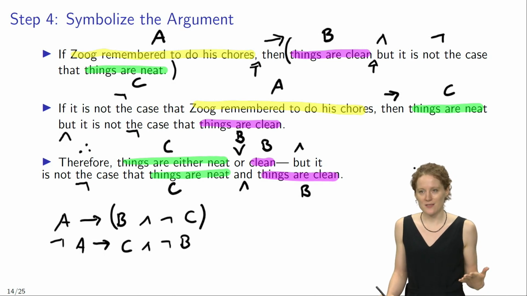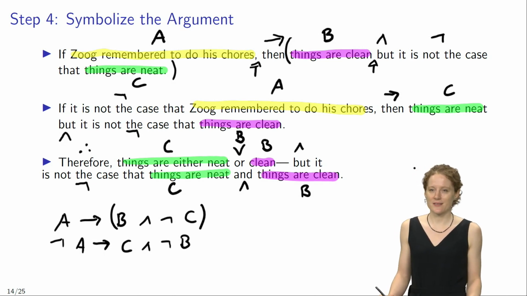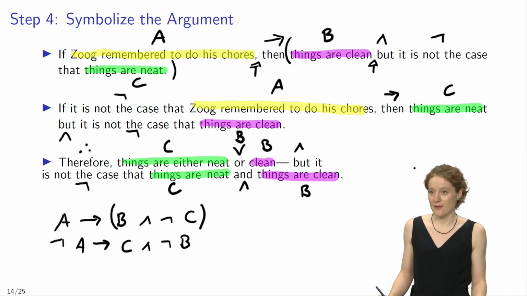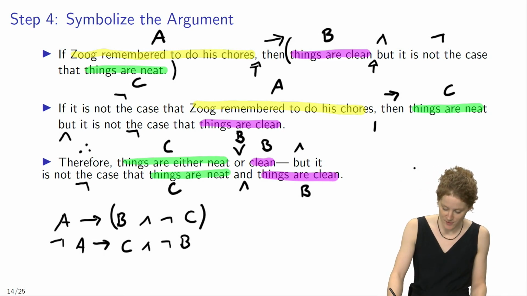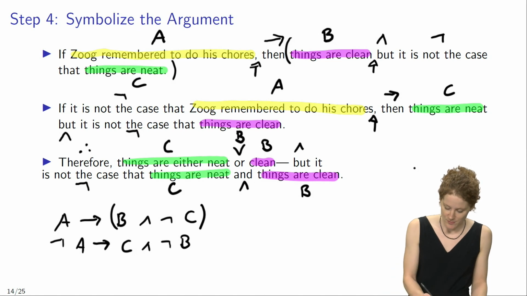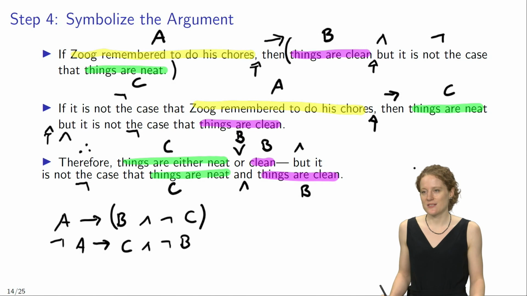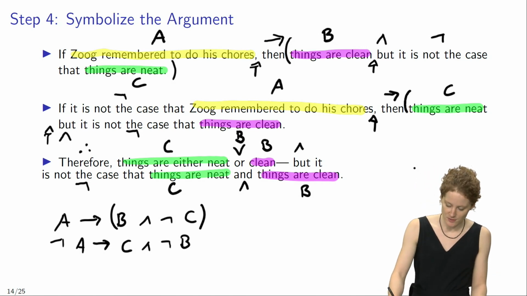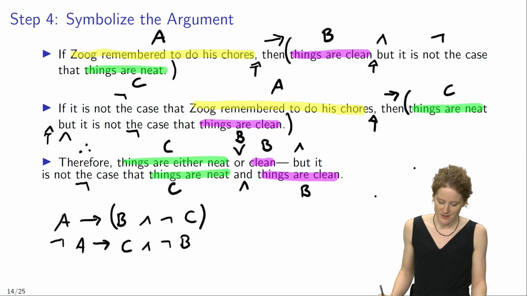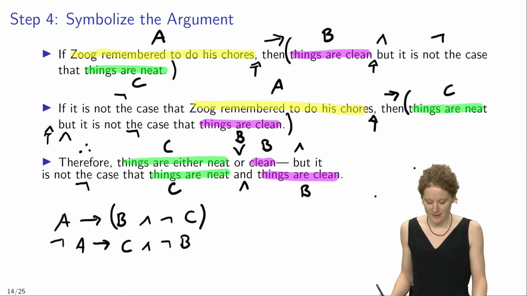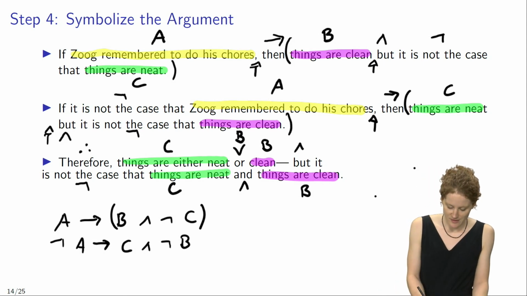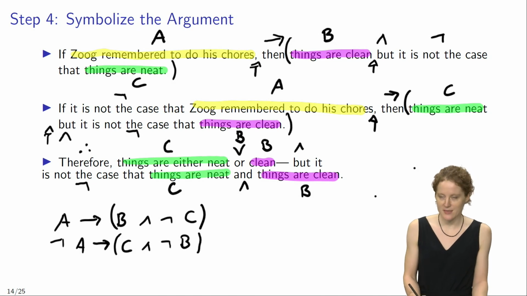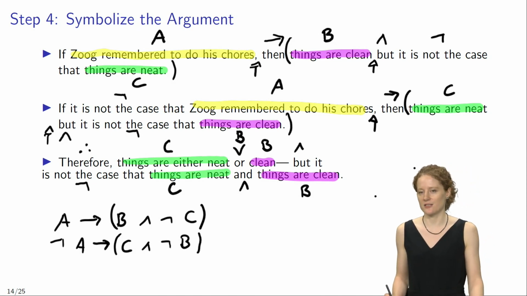Where should we put these brackets? And the answer again has to do with the comma. There is a comma before the word then, but no comma before the word but. And that shows us that the consequent of our conditional is this whole long conjunction. Things are neat, but it is not the case that things are clean. And that means that I also need to add brackets around the conjunction down here.